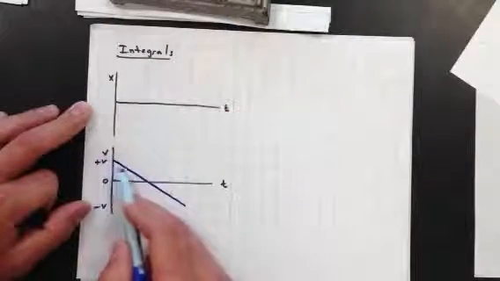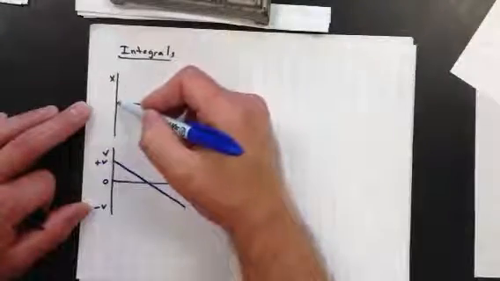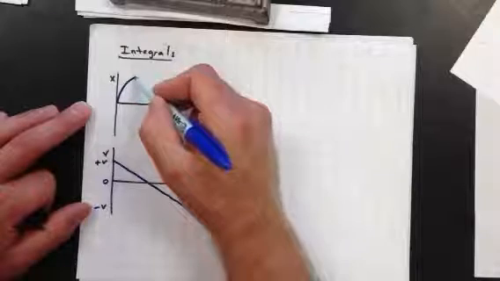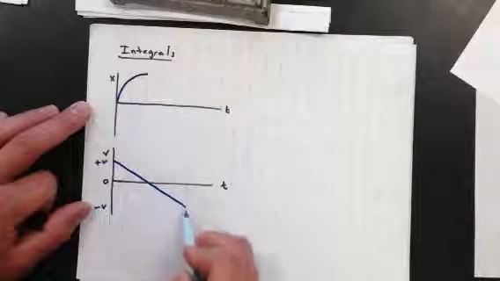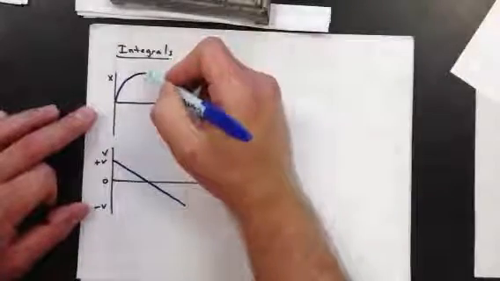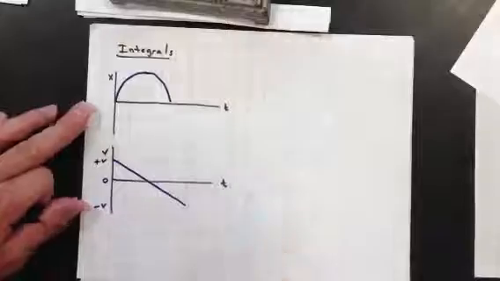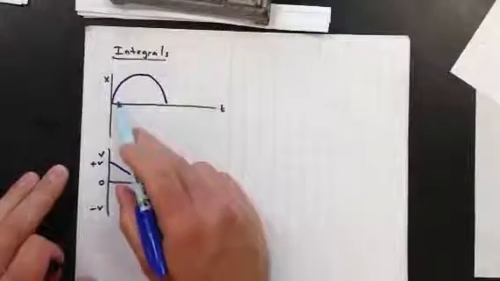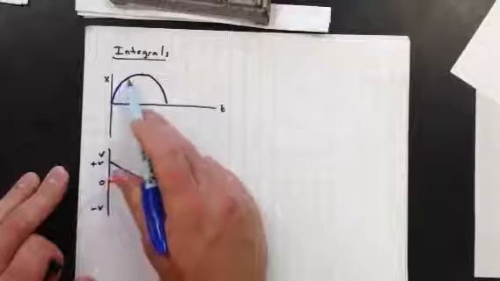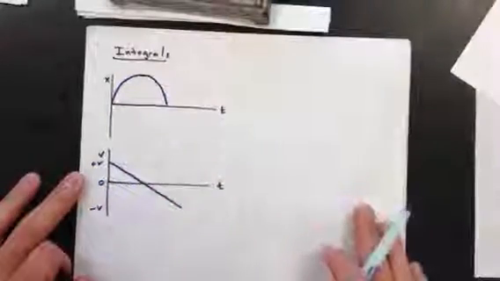And that positive velocity is decreasing, so our positive slope is decreasing until it reaches 0. Then it increases negatively from 0. So 0 slope to an increasing negative slope. All right. So this is a velocity time graph of the velocity of an object that is thrown up into the air. It reaches its maximum height and then falls back down.